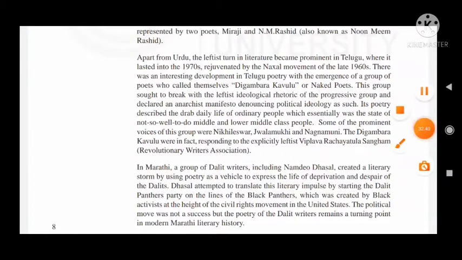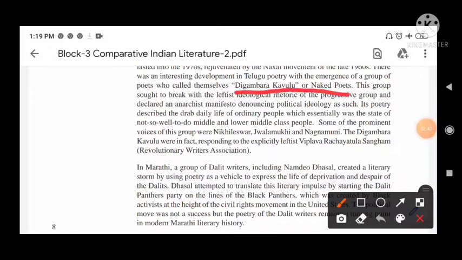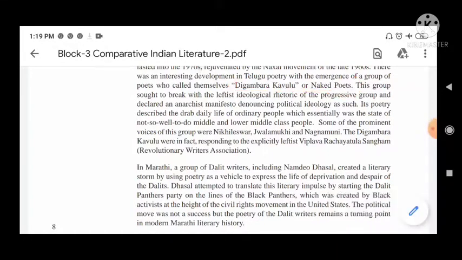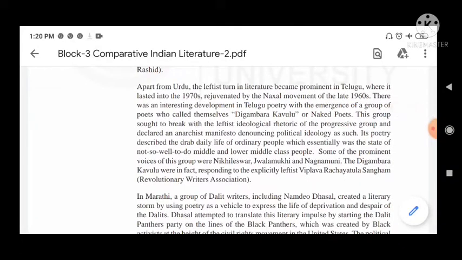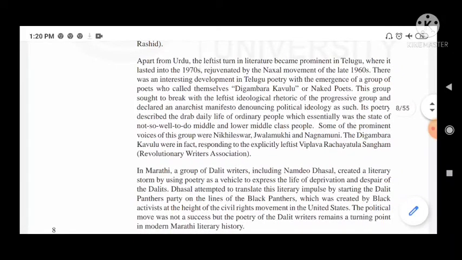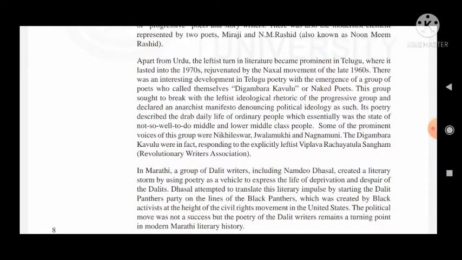Kavulu means poets; in Hindi and Sanskrit it is Kavya, and in Telugu it is a poem or song.